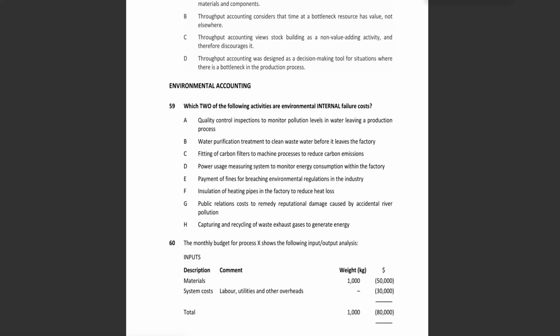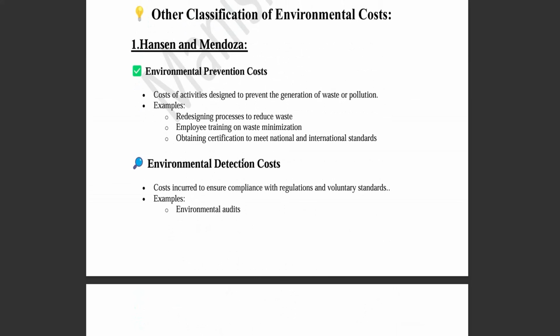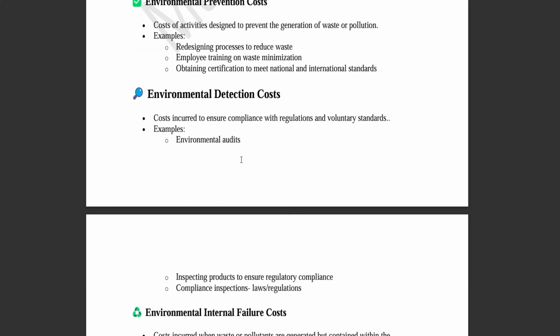And if A is incorrect, then again why? It's a quality control inspection cost. We are inspecting the pollution level in the water leaving the production process. That means we are detecting, so it goes to environmental detection cost. We are having inspection of certain things to ensure we comply with rules and regulations.